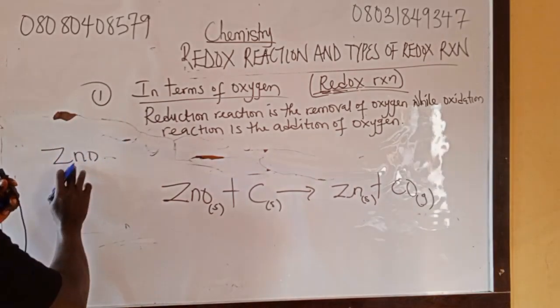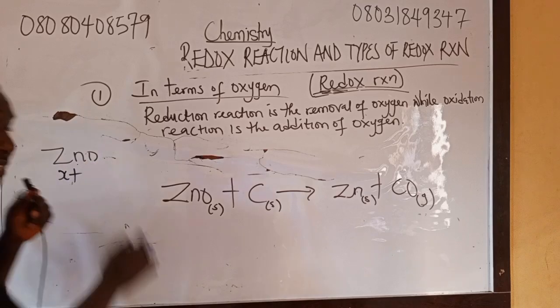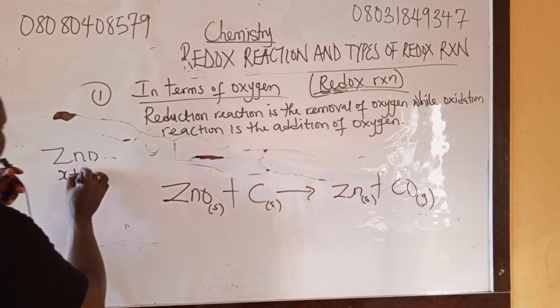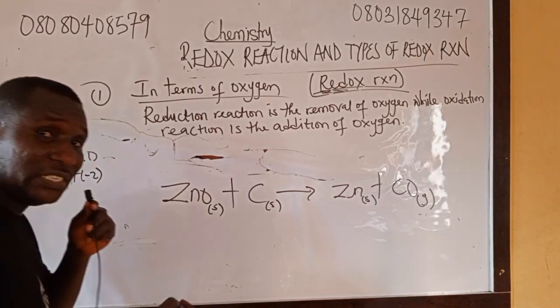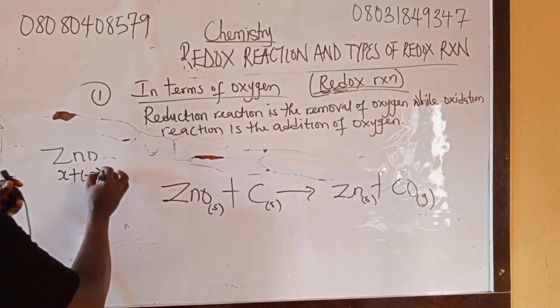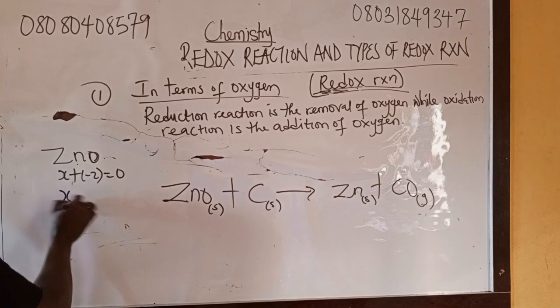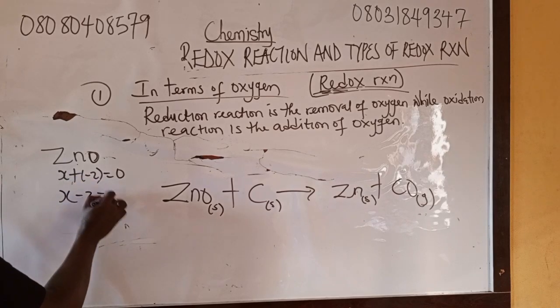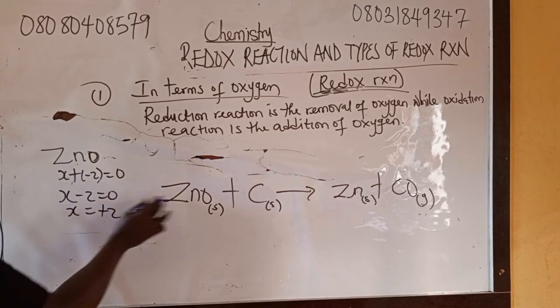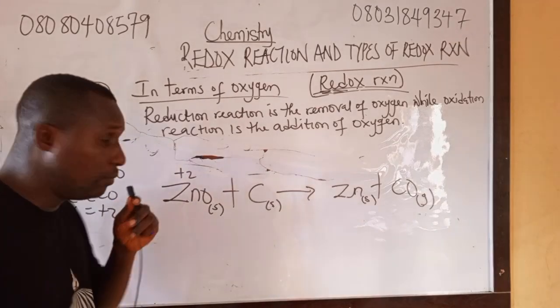The oxidation number of zinc in zinc oxide: zinc is X, oxygen is -2. The oxidation number of oxygen is -2 except in peroxide, which is -1. This is a neutral compound, so the total is 0. You have X plus (-2) equal to 0, so X equals +2. The oxidation number of zinc is +2.